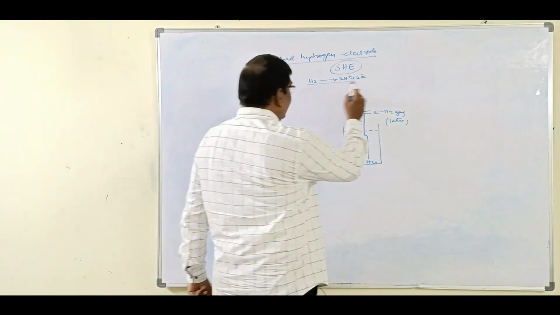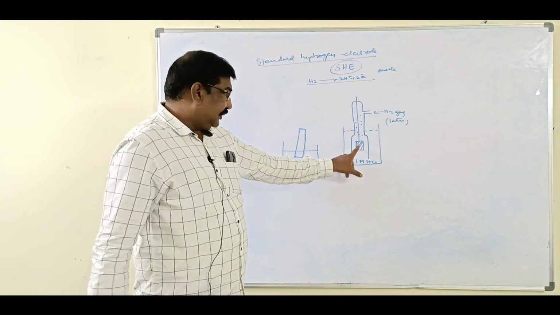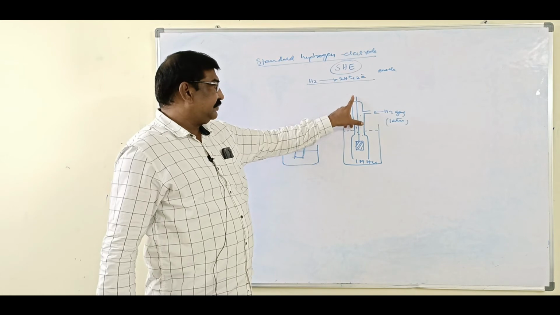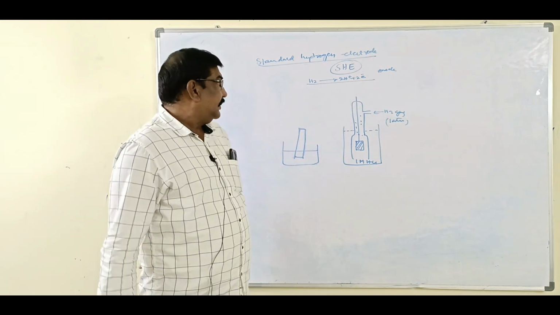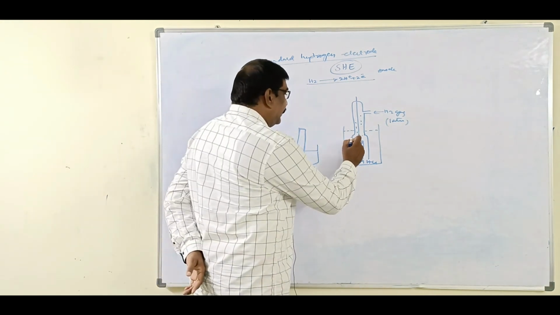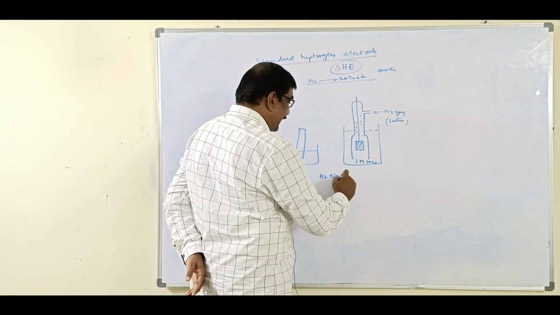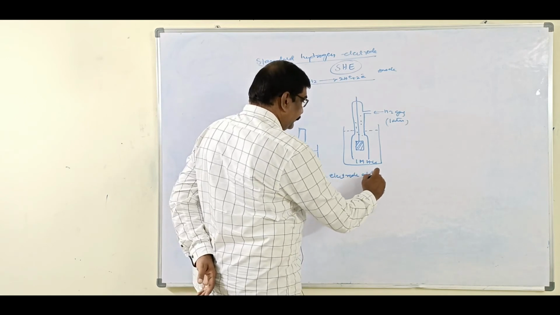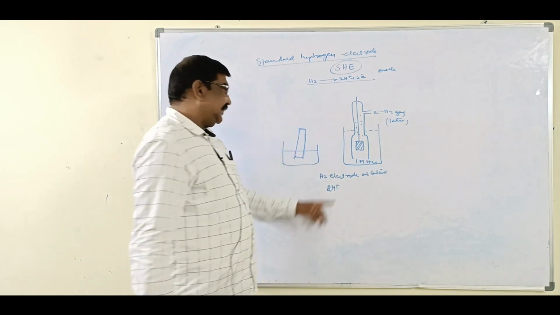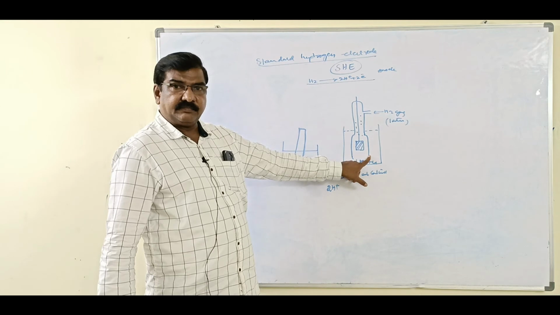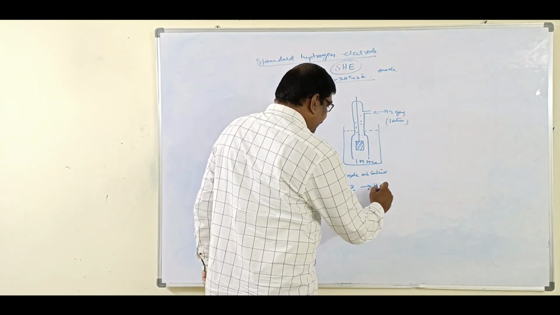When hydrogen electrode acts as anode, the 2 electrons on this plate travel through this platinum wire and go away. When hydrogen electrode acts as cathode, 2 H plus ions which are present in 1 molar HCl solution take 2 electrons and become H2.